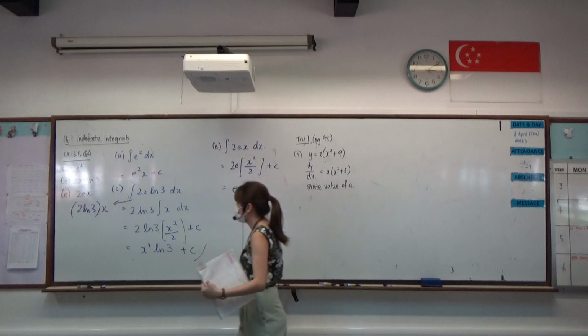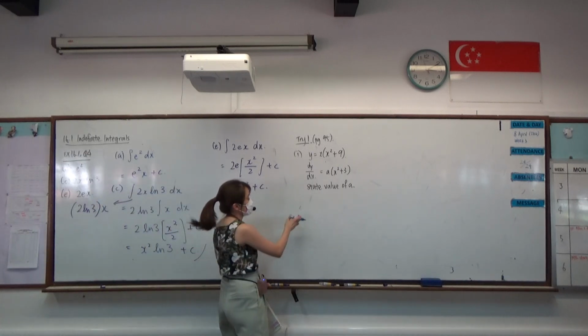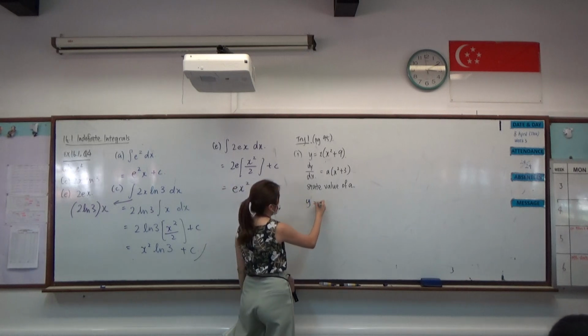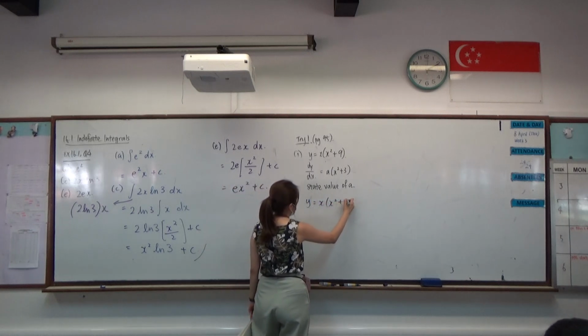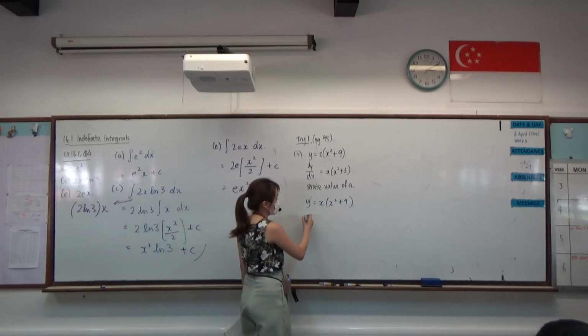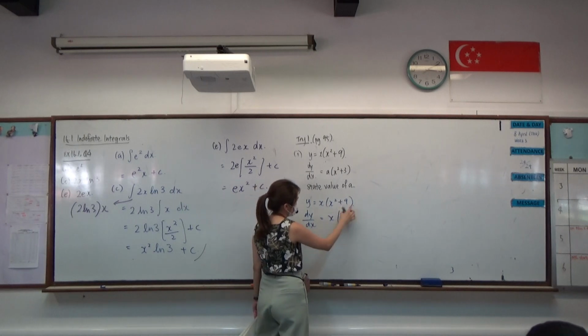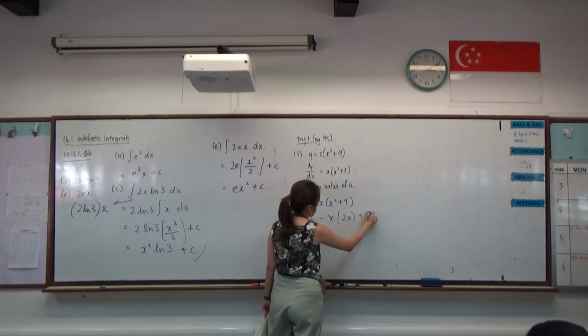In this case, the question asks to differentiate. So we will use our product rule. Or of course, you could also choose to expand it and then do your usual differentiation. It's up to you. So keep x, differentiate x squared plus 9 is 2x.